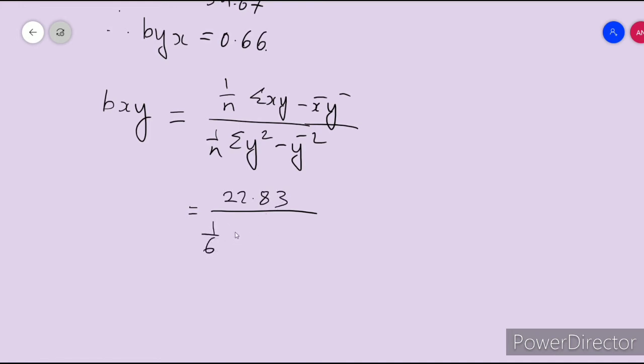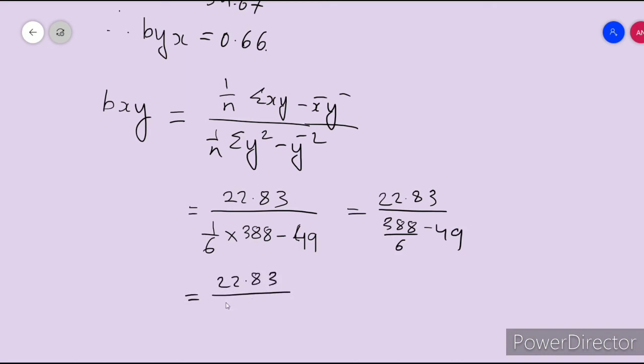Then we already know summation y square, which is 388. 7 is the arithmetic mean of the y values, and the square of that is 49. So 388 divided by 6, subtract 49.